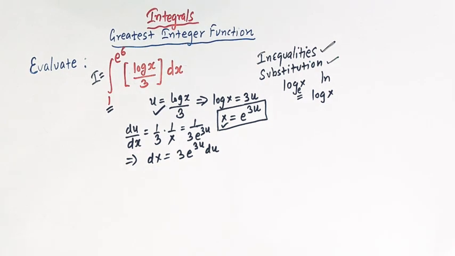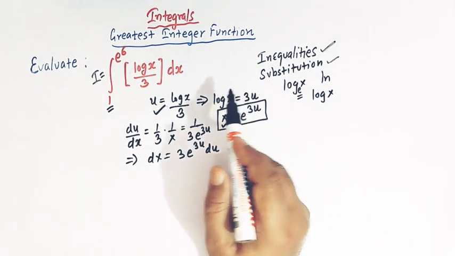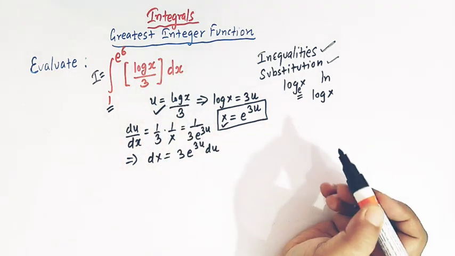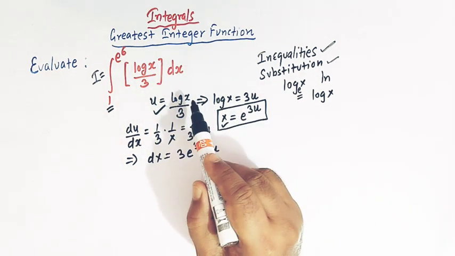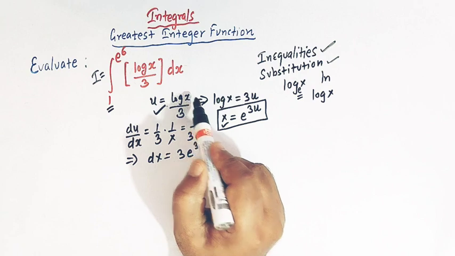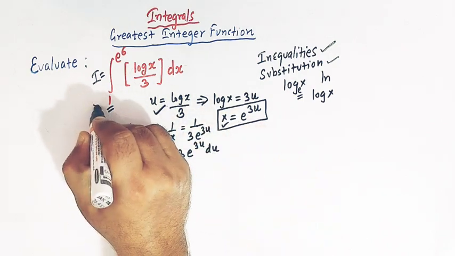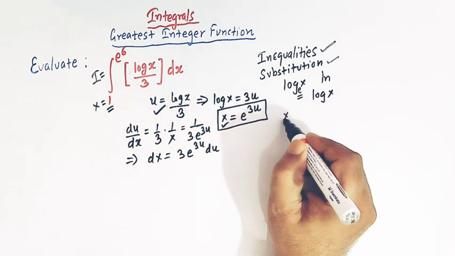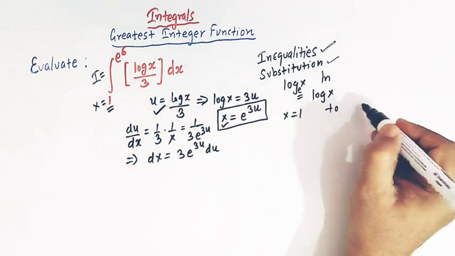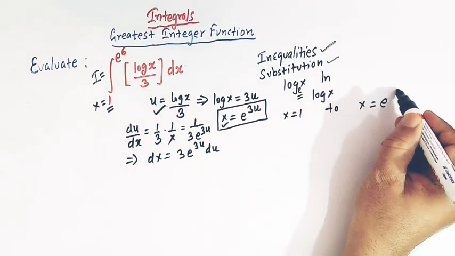Now we know that whenever we solve definite integrals using the method of substitution, we always change the limits. Here x varies from 1 to e raised to 6.